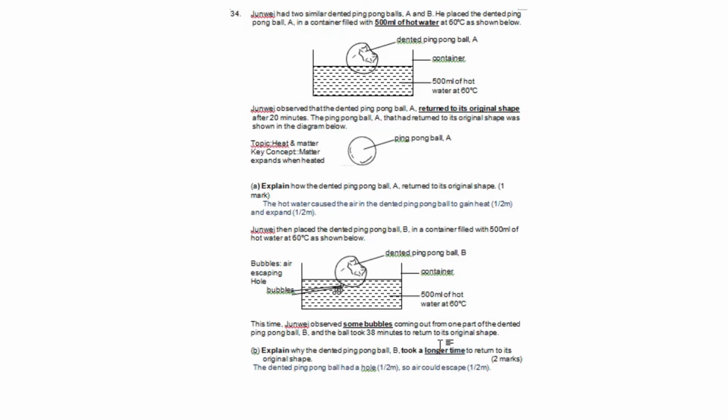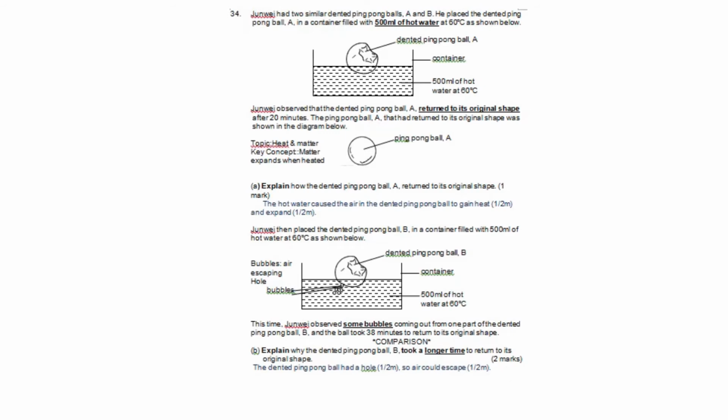It is a comparative word, meaning that I am doing a comparison. So my answer must also have a bit of comparison. First I already told you that the dented ping pong ball has a hole, air could escape. But that doesn't explain why it took a longer time to return to its original shape. Now I'm doing the explanation of why.